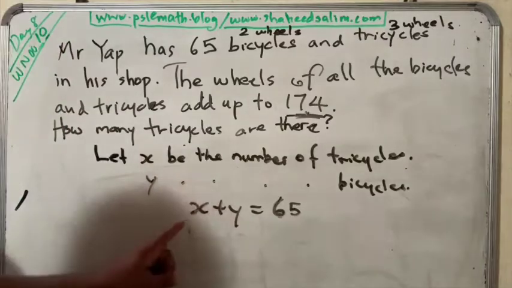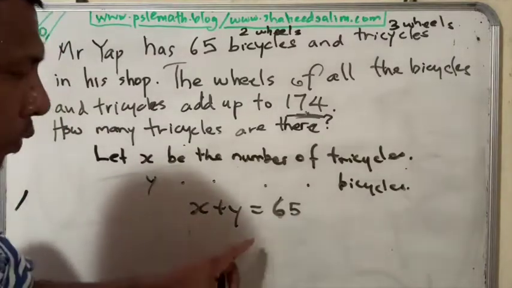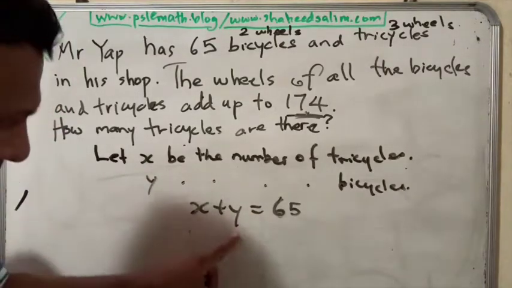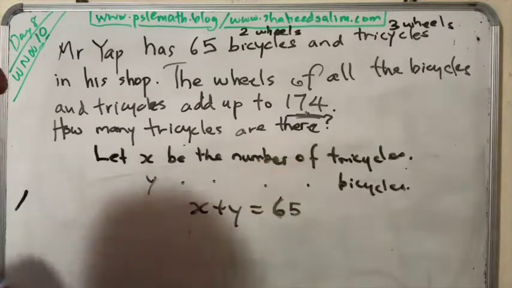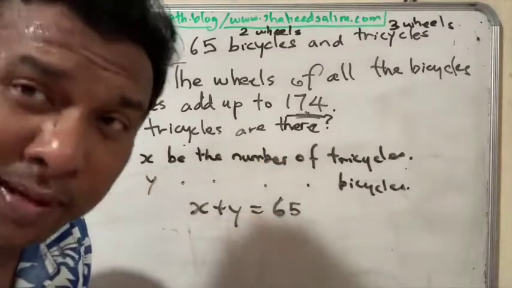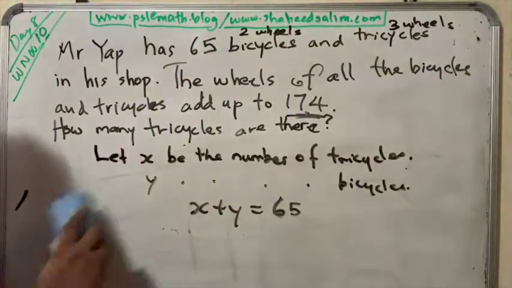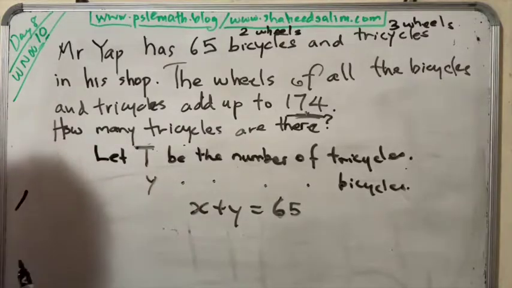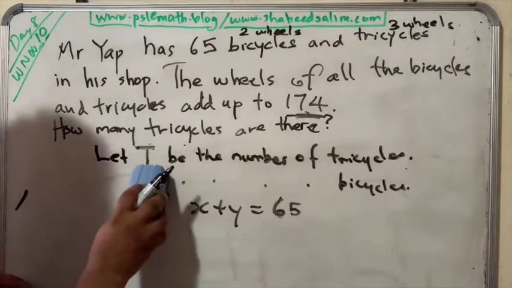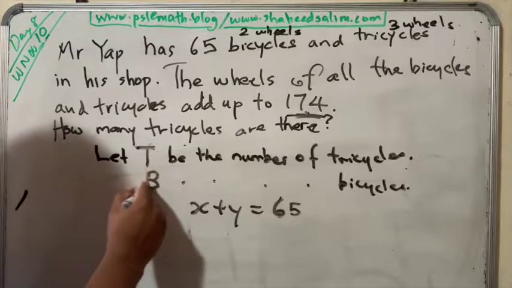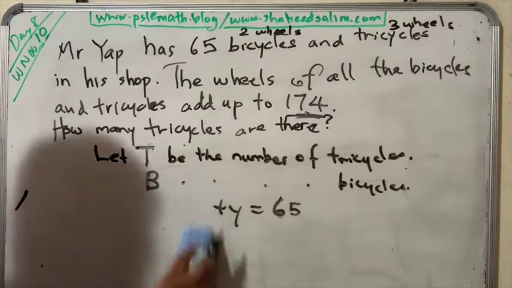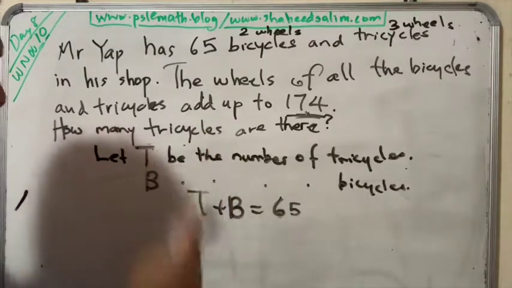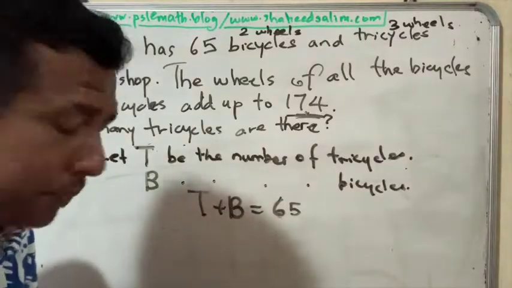Don't lose me. x is the number of tricycles, y the number of bicycles. Number of tricycles plus bicycles equals 65. Let me make it easier for you. Let t be the number of tricycles and let b be the number of bicycles. So tricycles plus bicycles is equal to 65. Better, right? Okay.